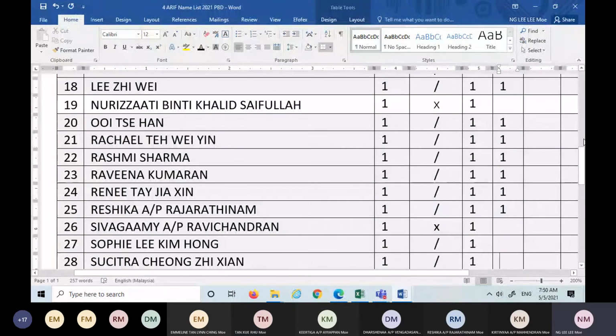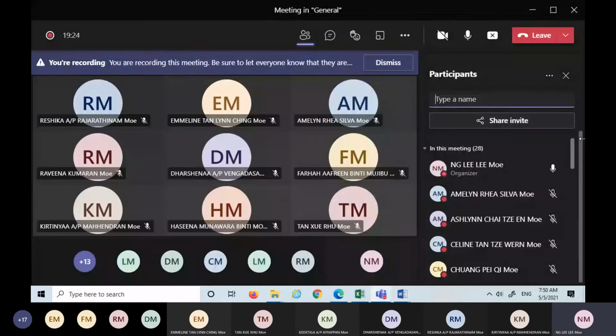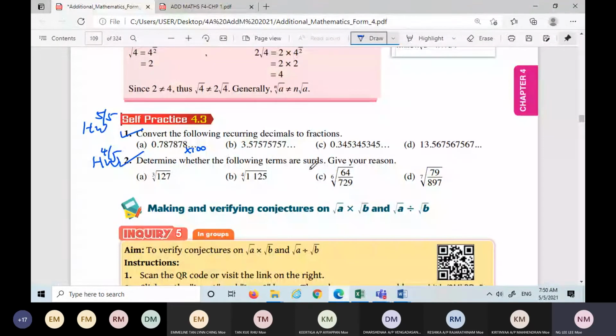Okay, next girl is Suchitra. Yes, teacher. Okay, come, you look at these questions. The next question is 3.57575757. Something is disturbing you from getting the fraction. You have to separate out the 3.